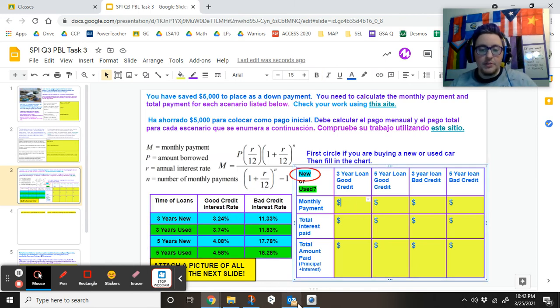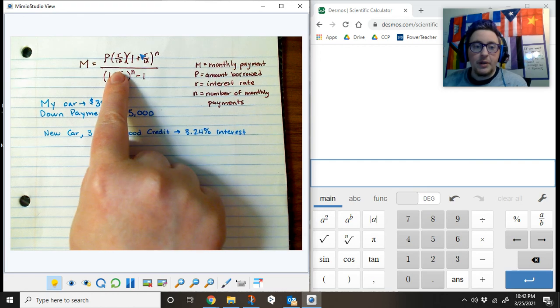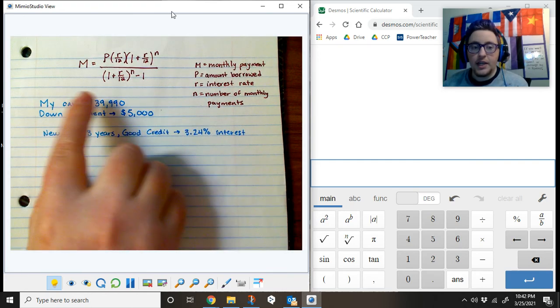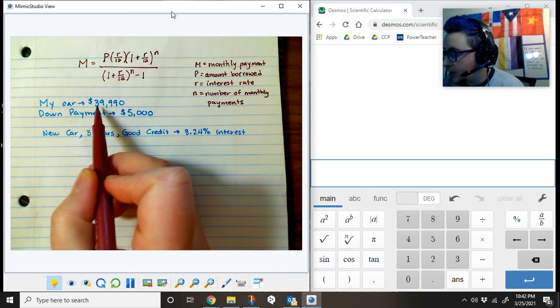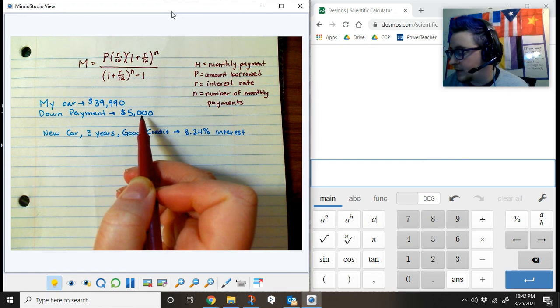All right, so let me switch over to where I'm writing. I've got my formula here, what each thing in my formula equals, and some information to get us started. So this is how much my car costs, and my down payment, as it said in the problem, is $5,000.